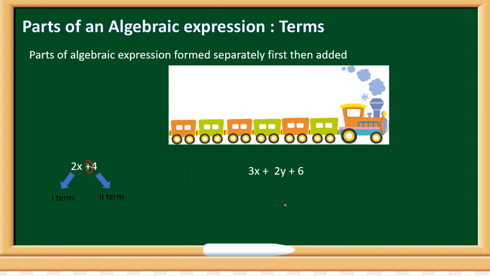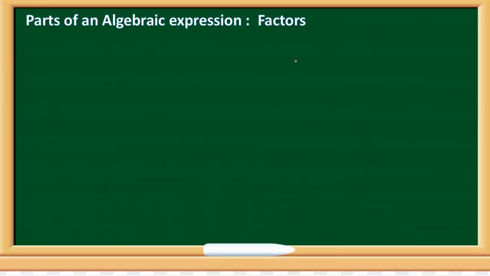Or 3x plus 2y plus 6. Here we can say 3x is the first term, 2y is the second term, and 6 is the third term. All the three terms are added to form an expression.